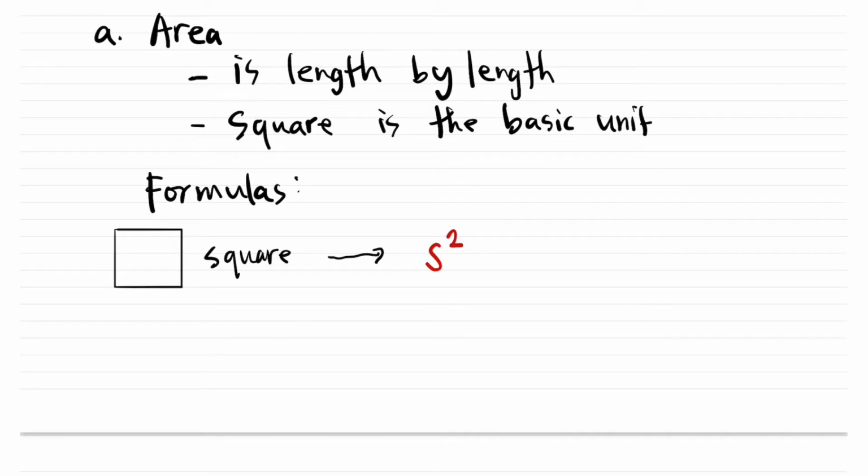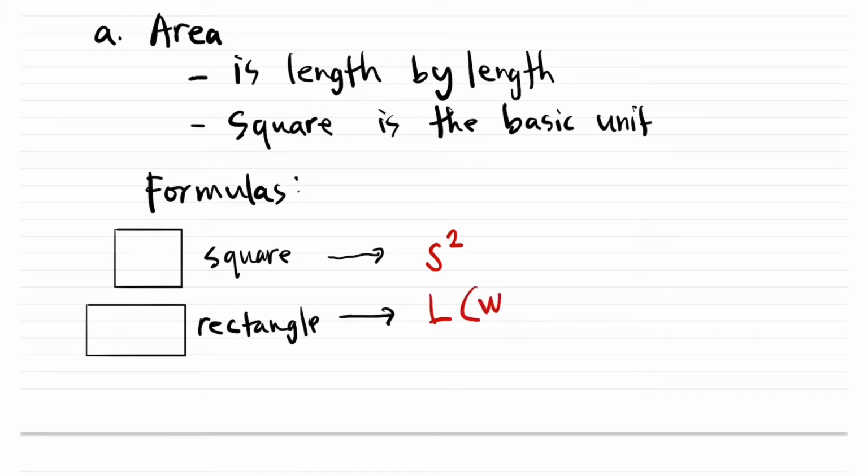Area is equal to S squared. Now let's go for rectangle. For a rectangle, the formula is length times width.